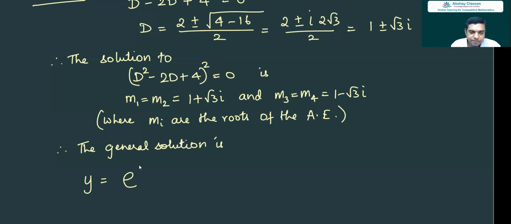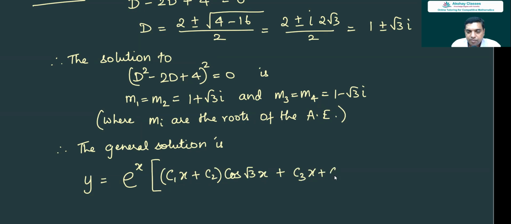Alpha is 1, so e power x times (c1x plus c2) cos beta x, that is root 3 x, plus (c3x plus c4) sine root 3 x, because the roots are repeating.